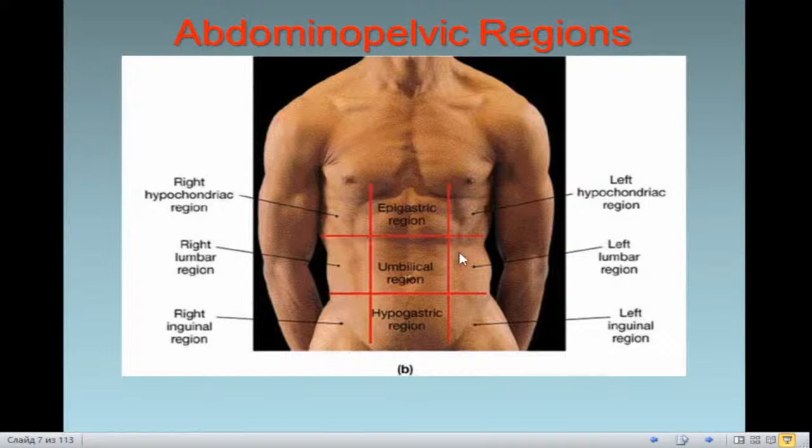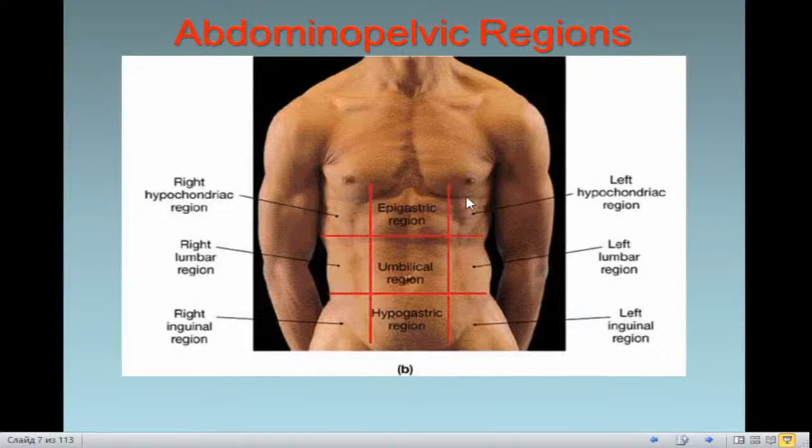These vertical lines pass along the lateral borders of the rectus abdominis muscles of the abdomen, and they divide each floor into 3 more regions, having 9 in total.